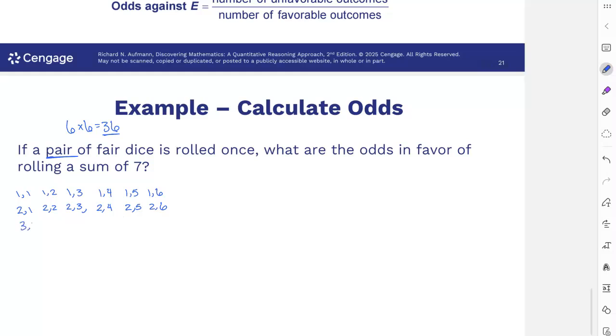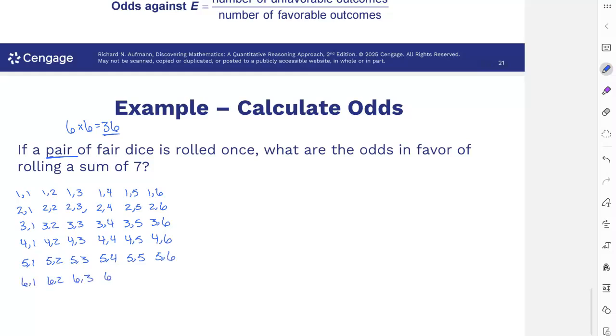So I'm going to list those out. So there's my 36 possibilities.